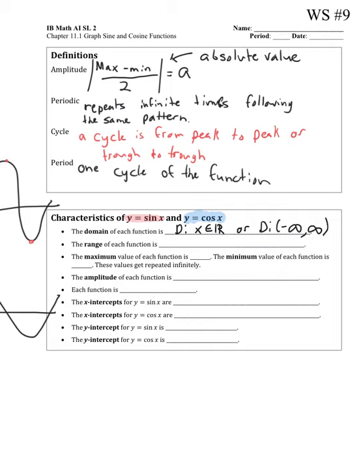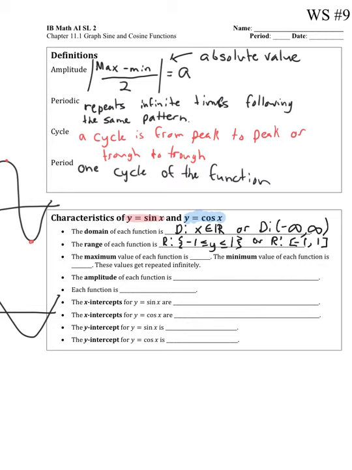The range of each function, in set notation, is negative 1 is less than or equal to y is less than or equal to 1. Or in interval notation, it goes from negative 1 to 1.